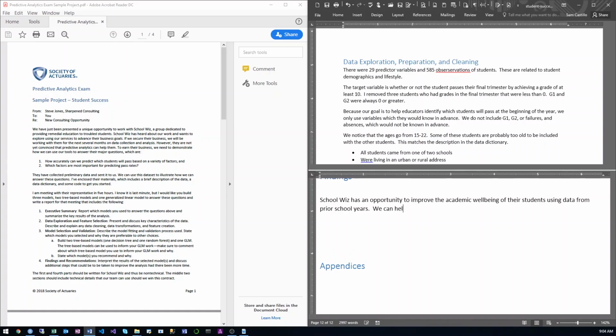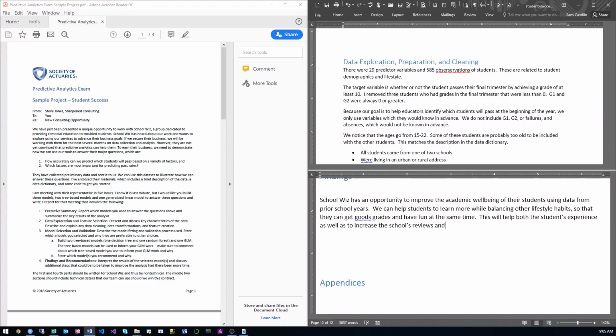We can help students to learn more while balancing other lifestyle habits so that they can get good grades and have fun at the same time. This will help both the students' experience as well as to increase the school's reviews and enrollment rates.